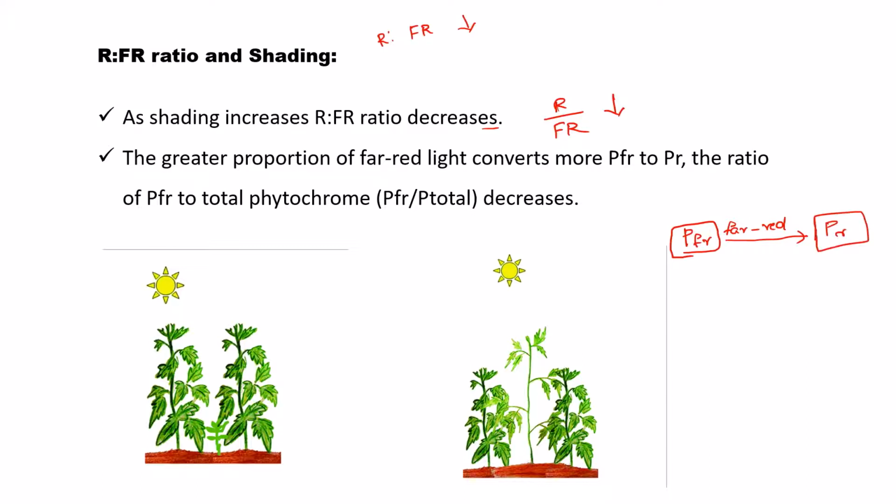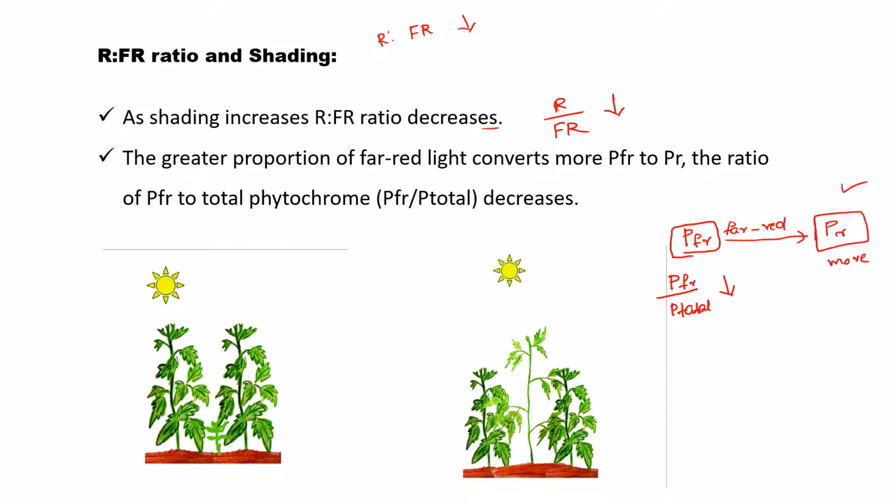That's why in shading, PR form is more as compared to PFR form. That's why PFR to P total, that means phytochrome total, will decrease in shade.